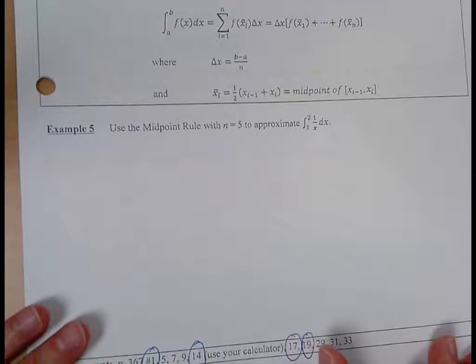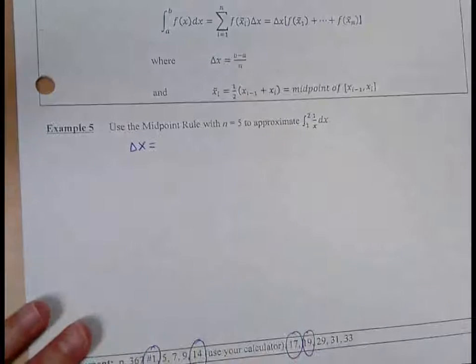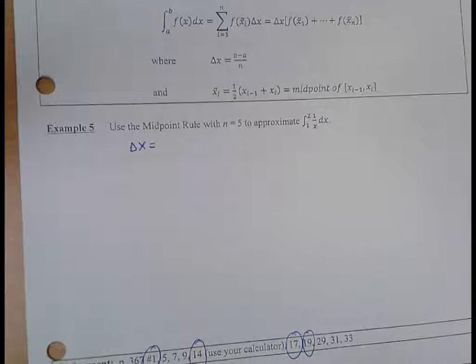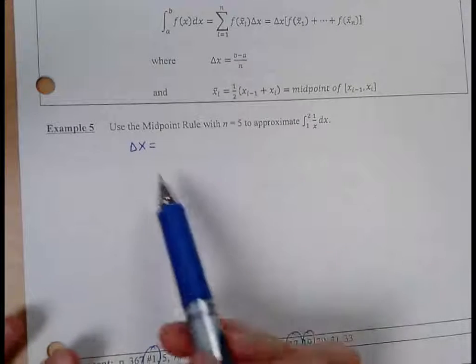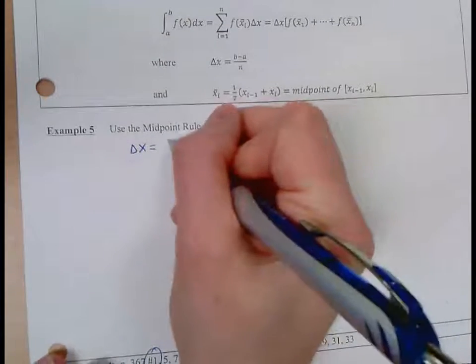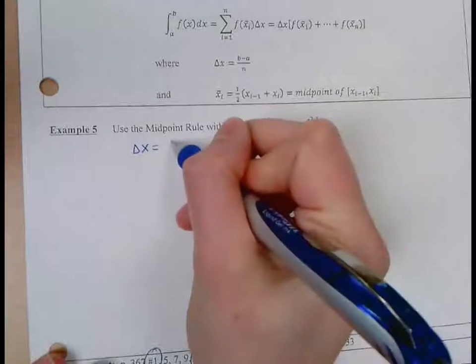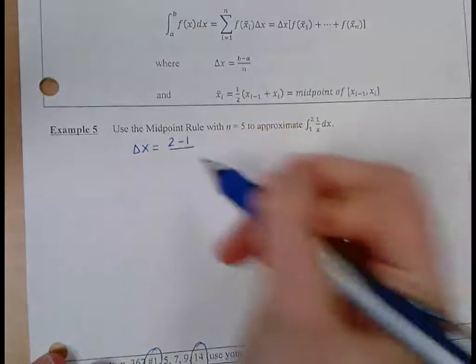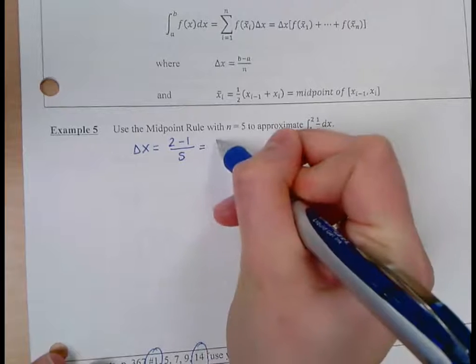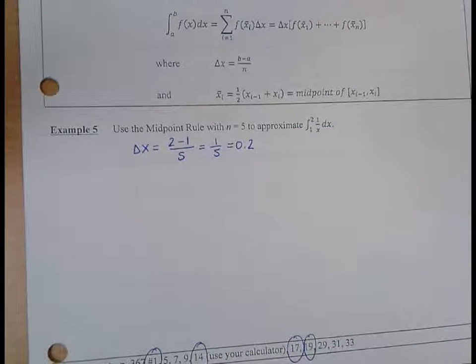How I would start is I would find delta x so that you can figure out your intervals that you're working with. Your a and your b are given in the integral from 1 to 2. So 2 minus 1 over n, which is 5. So 1/5, or you could write that as 0.2.